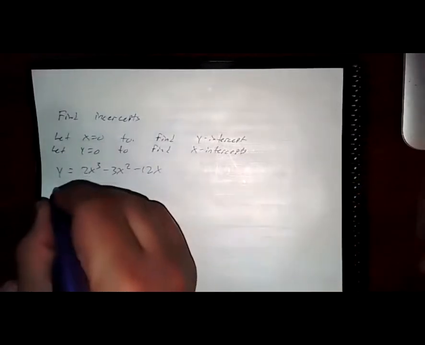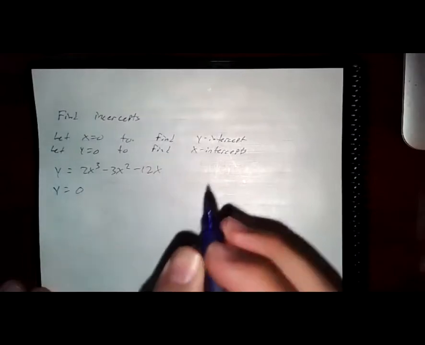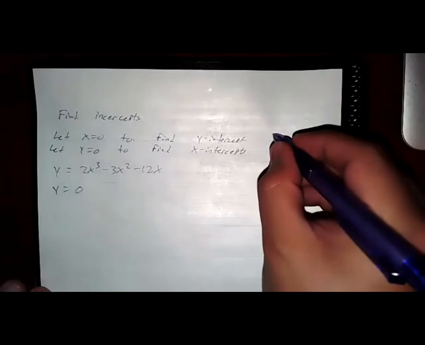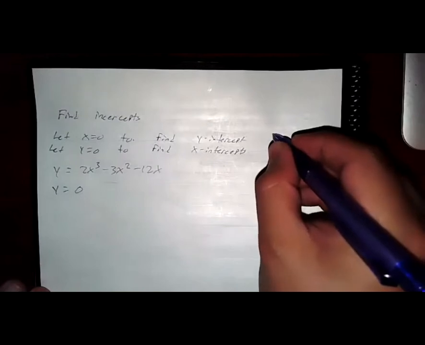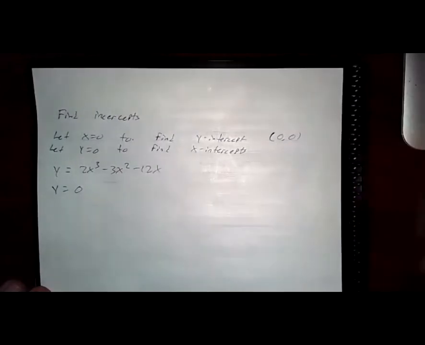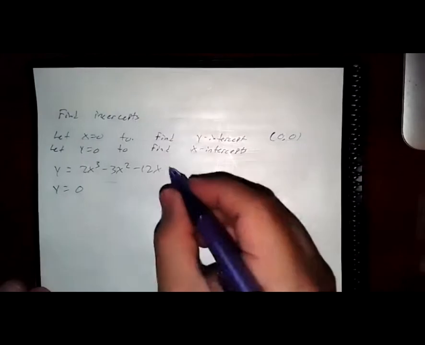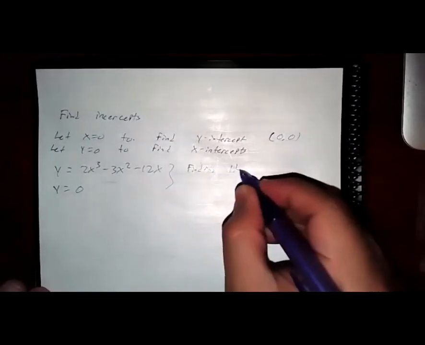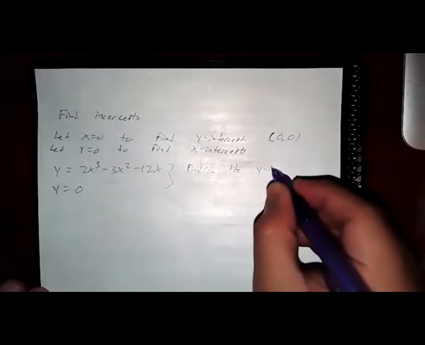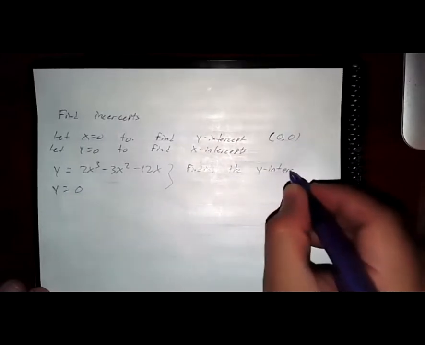So let x be 0, we get 0, so we have an intercept at (0, 0). This is for finding the y-intercept. It just turned out to be the origin.